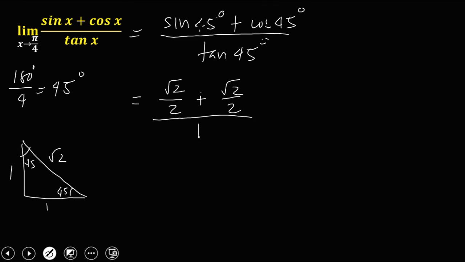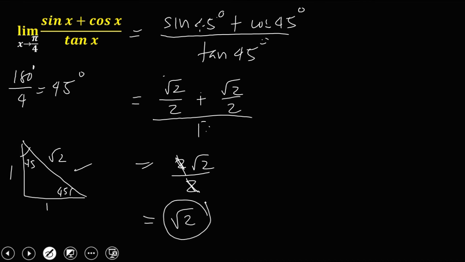Okay, using this special triangle. Then simplify, so square root of 2 over 2 plus square root of 2 over 2, that's 2 square root of 2 over 2. Then cancel this 2, so therefore this limit is equal to square root of 2.